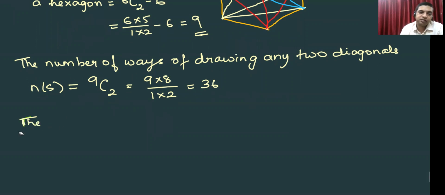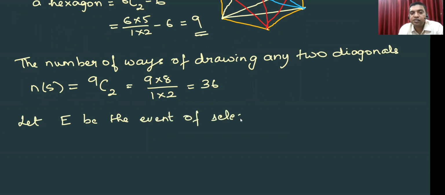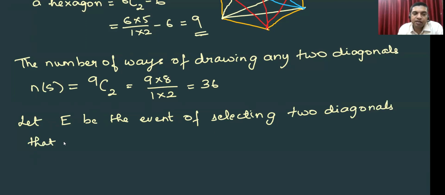Let E be the event of selecting two diagonals that will intersect at a vertex.